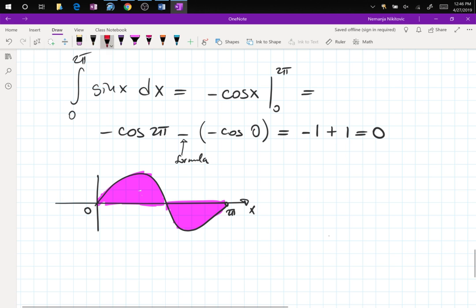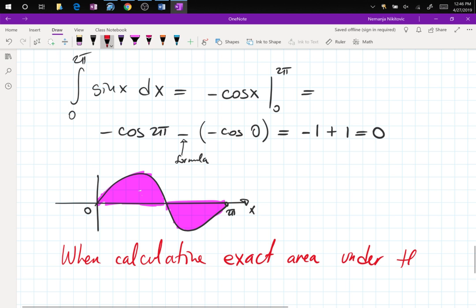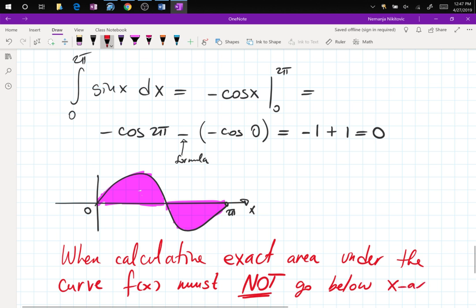So here in blood: when calculating exact area under the curve, f of x must not go below the x-axis.